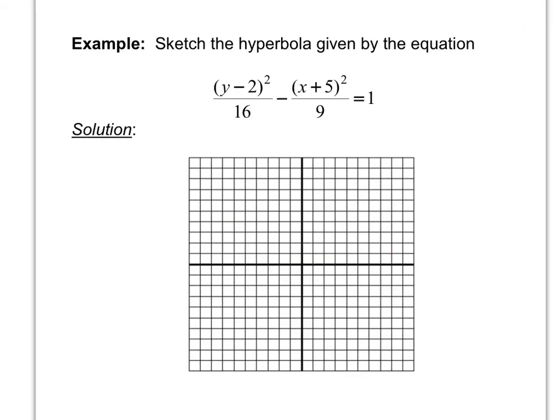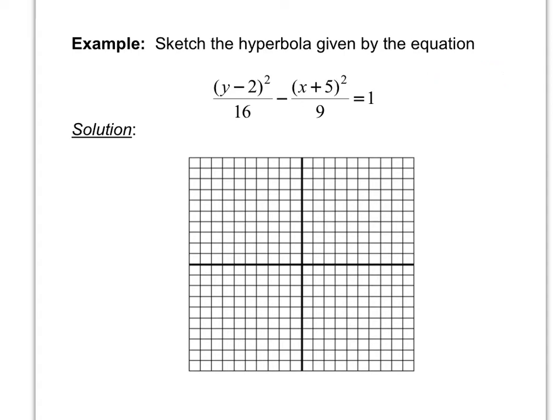Okay, let's do another one. For this particular one, the first thing I'm going to do is figure out my center. A very common mistake would be for you to tell me that the center is 2, -5. The reason for that is, notice that this is the y, which means this is the y coordinate, not the x coordinate.